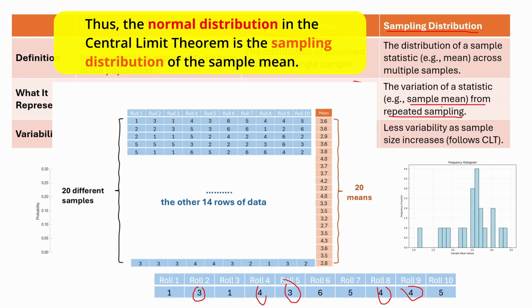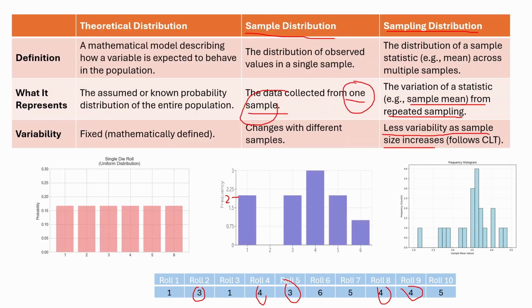That's the figure we showed earlier. We have 20 means and we plot their distribution. We will see less variation as the sample size increases. The sample size refers to the size of each sample. Here, the sample size in our example is 10. We have 10 numbers in each sample.